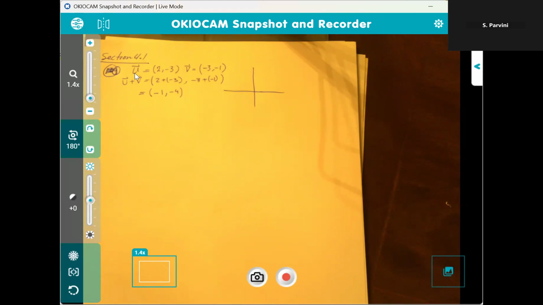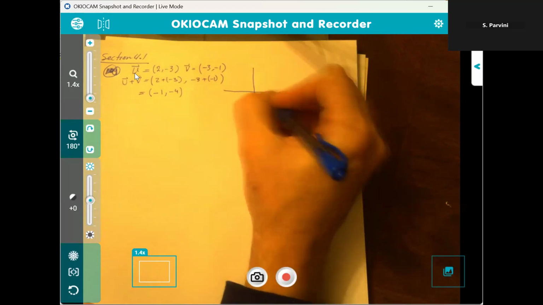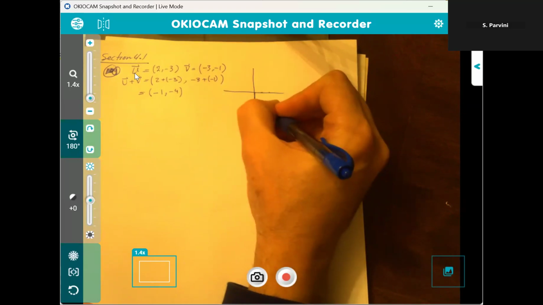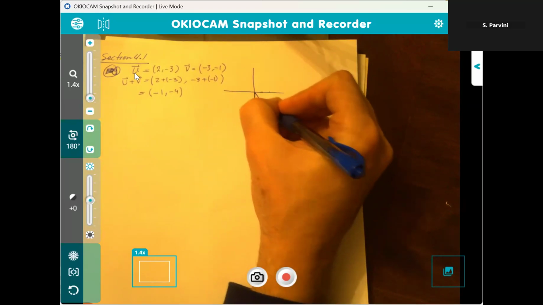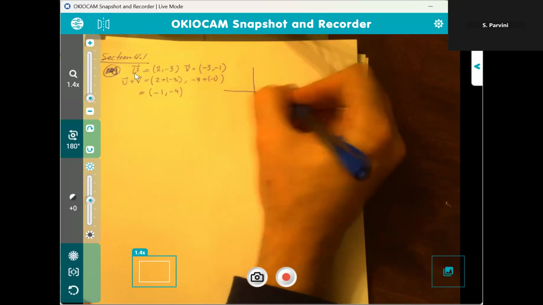These are all position vectors, so they start at 0, 0. So if I graph that one, that's going to be in the fourth quadrant: 1, 2, 1, 2, 3. So that's going to be this vector. This is vector u.